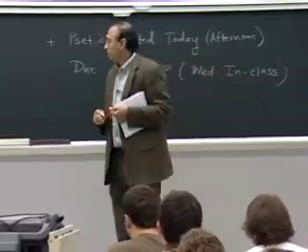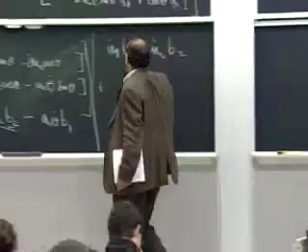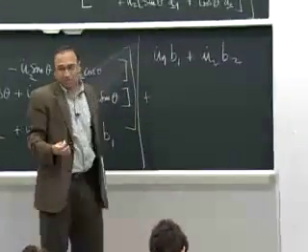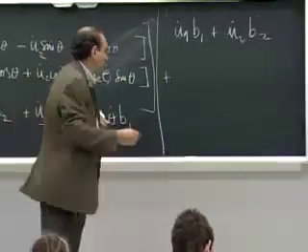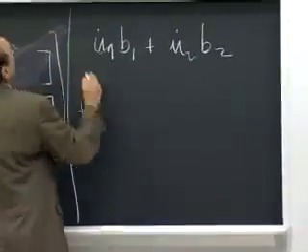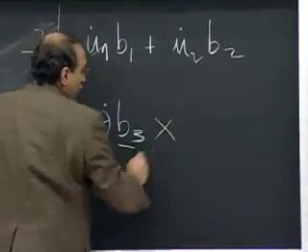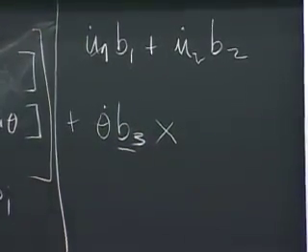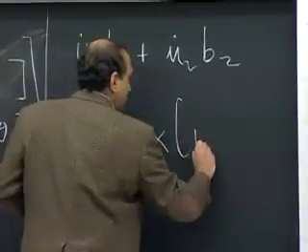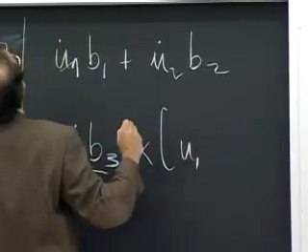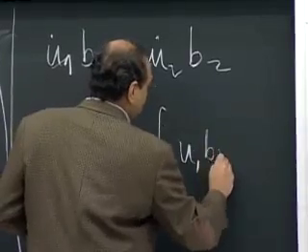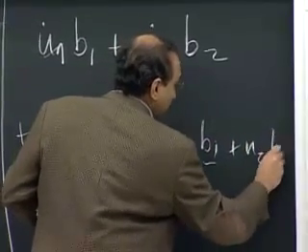Okay? So for that right-hand side term, we're going to use B3 instead of A3 just because our math is going to be simplified, right? So the right-hand side is going to be theta dot B3 cross product with U1 B1 plus U2 B2, sorry.